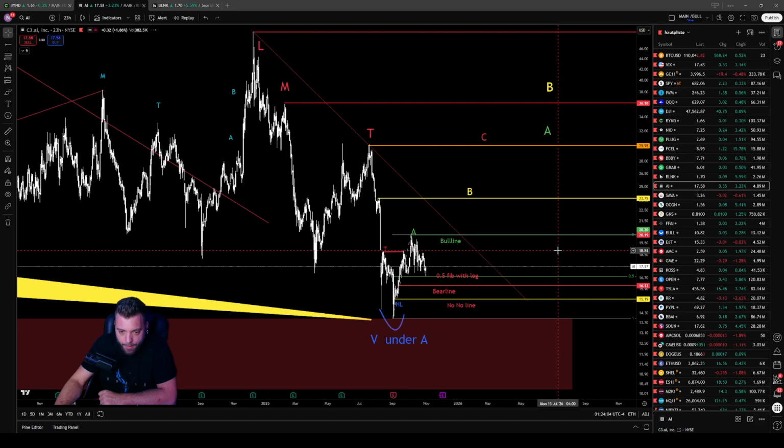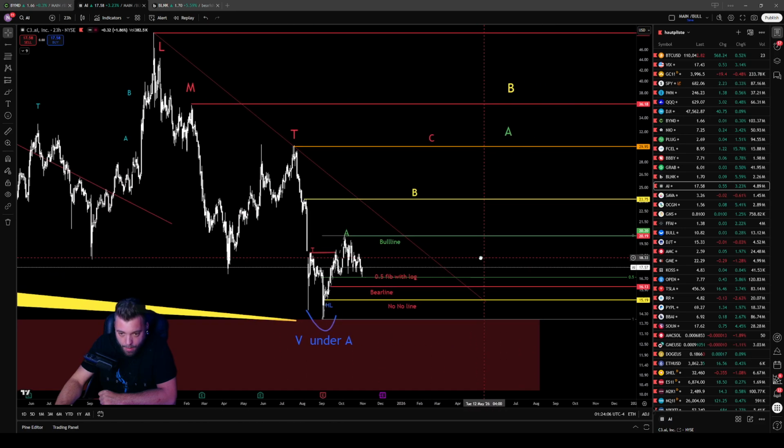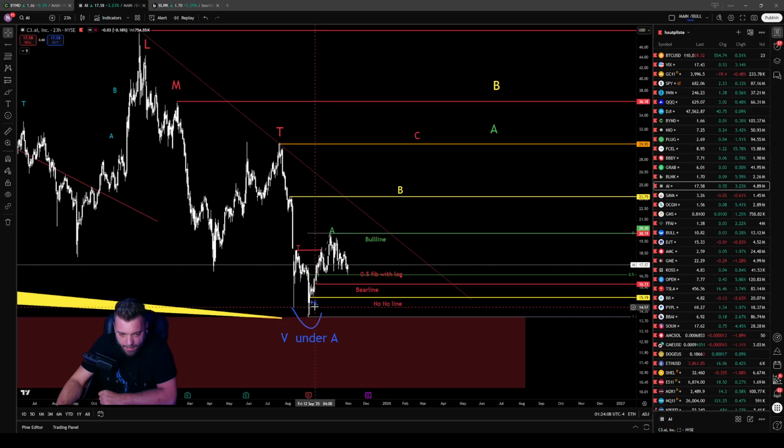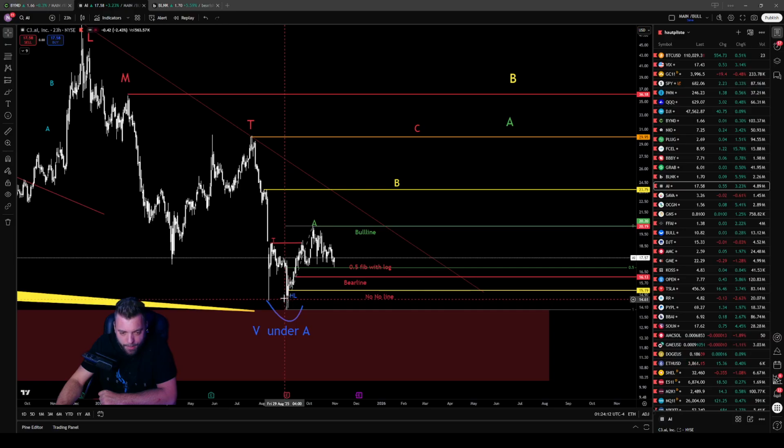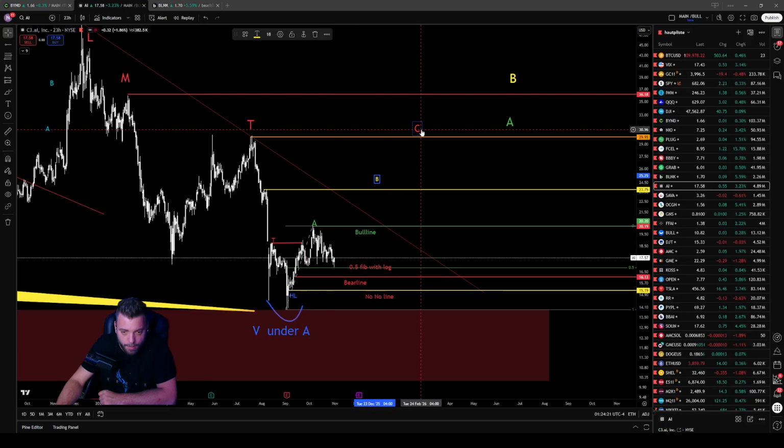We already did our little higher low. And for the big tracking, this whole thing would be a higher low. And we are still looking, I mean, this is just a small tracking. Here and here.